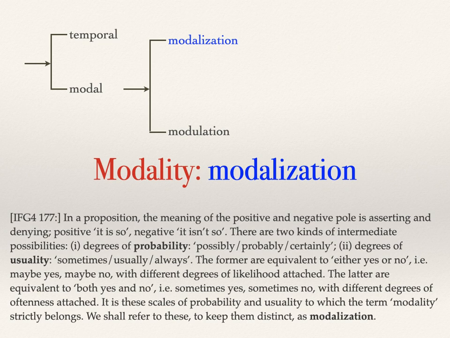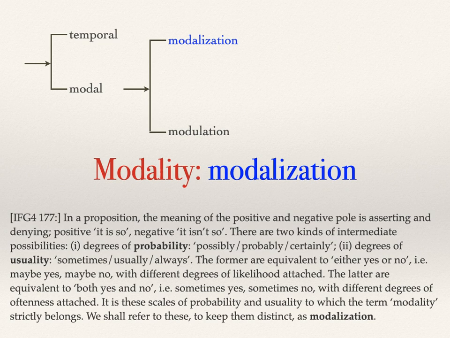So in a proposition, the meaning of the positive and negative pole is asserting and denying. Positive, it is so. Negative, it isn't so. There are two kinds of intermediate possibilities. One, degrees of probability: possibly, probably, certainly. So again, that's low, medium, high. And degrees of usuality: sometimes, usually, always.